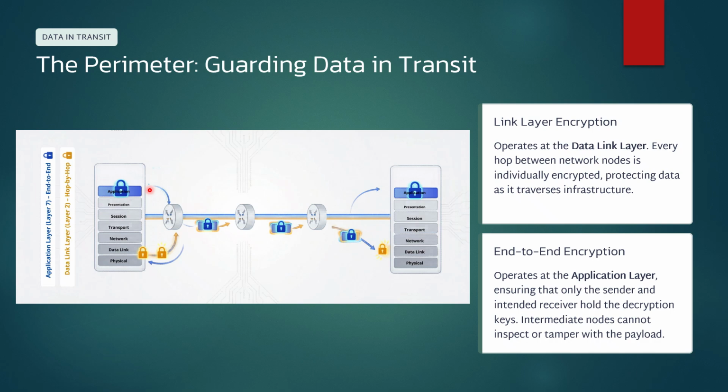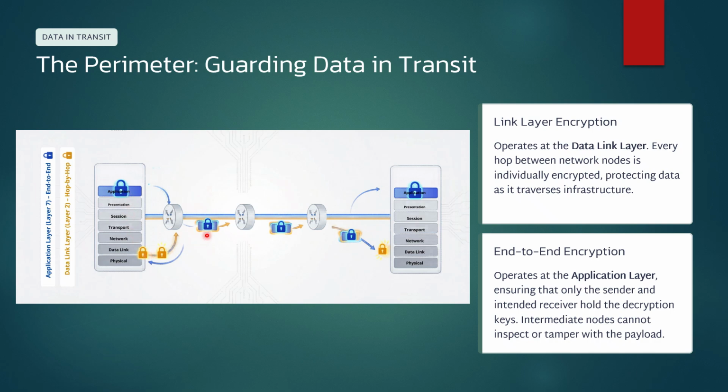But coming to this, again, link layer encryption is done at the data link layer and end-to-end encryption is done at the application layer. So what happens while the data travels from one place to another place or from one device to another device? While the data is in traveling mode, here you see the yellow lock is of data link and the blue lock is of application layer or end-to-end encryption, we can say.